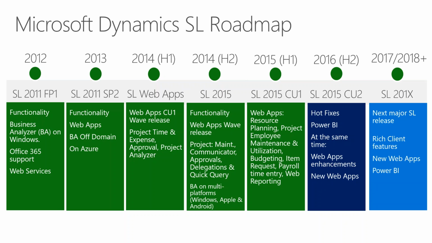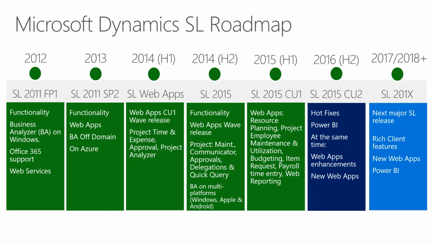The big question you might have is, when is that next major release? Well, that's currently scheduled for the 2018 timeframe. So that's the general idea. We're probably looking at least a year out from now. Throughout the year, you'll continue to get web app updates, which is really going to change, because usually we would generally hold all the web app updates until 2018. So just so you know, web apps will continue to add functionality and features throughout the year.